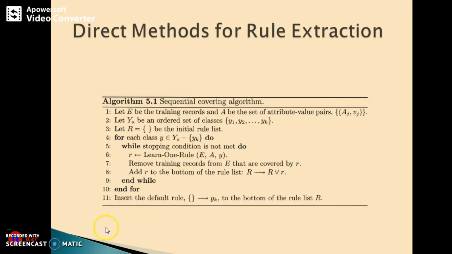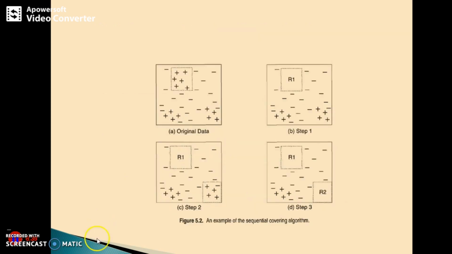What is this learn one rule? It is finding the best rule for this particular class y. I'll give you one example. Here you can see a collection of various records. I have a data set with many records.